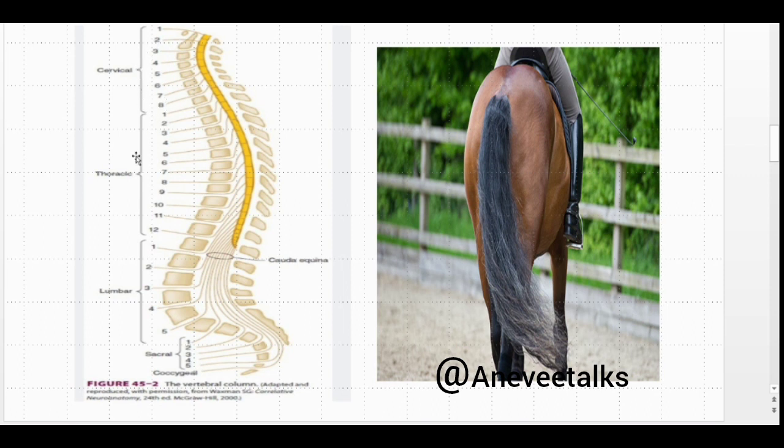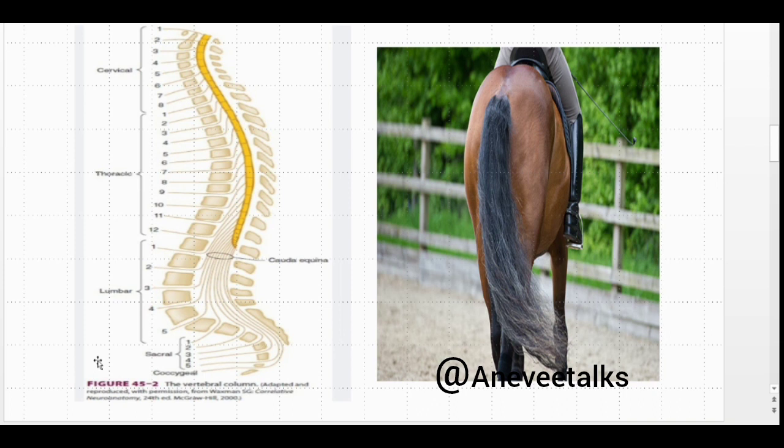And you can see in total we have 8 cervical vertebrae, 12 thoracic, 5 lumbar, 5 sacral, and 4 coccygeal. Sometimes they may vary also. The structure where the spinal cord ends is called the conus medullaris.